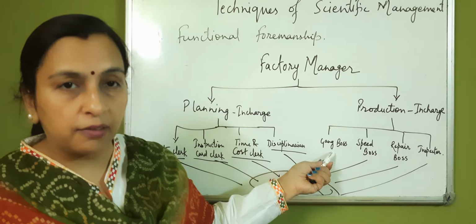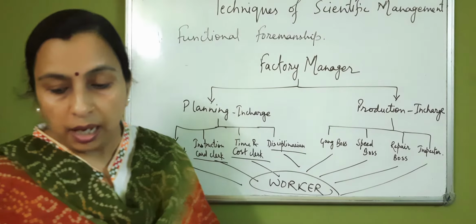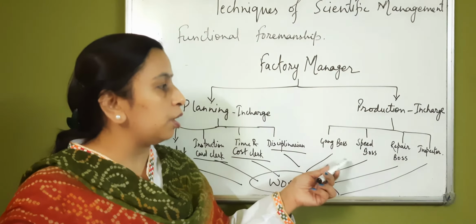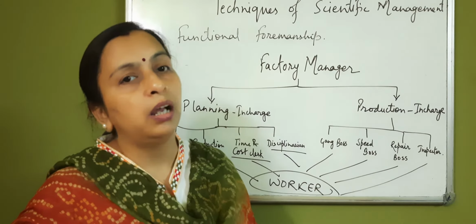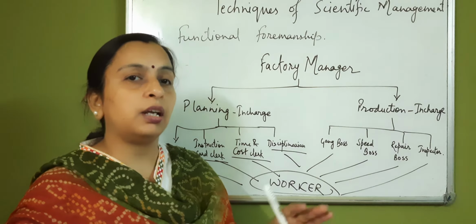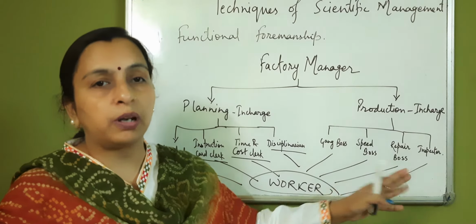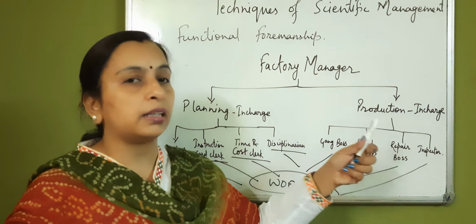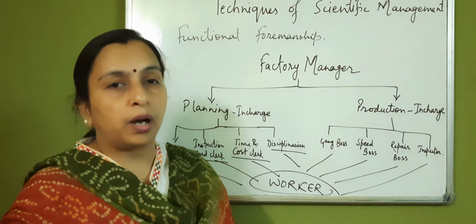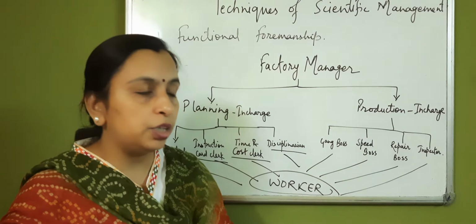So he makes all the tools and machines available. The speed boss will assure timely completion of the work. The repair boss will ensure that the machines and tools are in working condition. He is responsible for repairs. He will see whether the machines and tools required in production are in good condition or not.